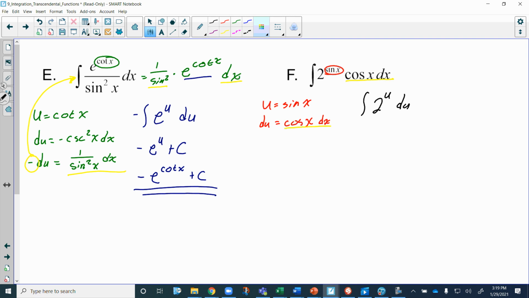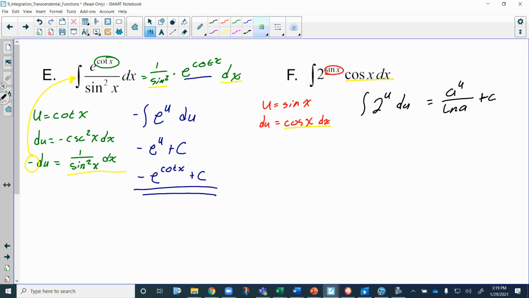So when I take the antiderivative of 2 to the u power, we're looking at a to the u over the natural log of a. That's the rule that we're looking at from the beginning of the lesson for the integration of this exponential expression. There we go, if I can get the words out of my mouth.